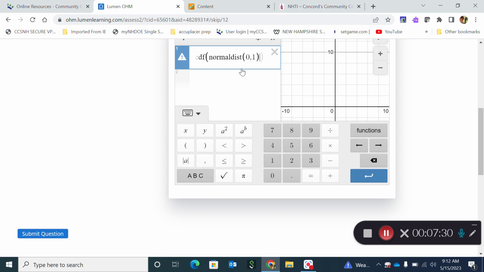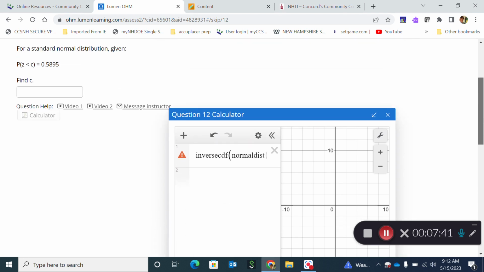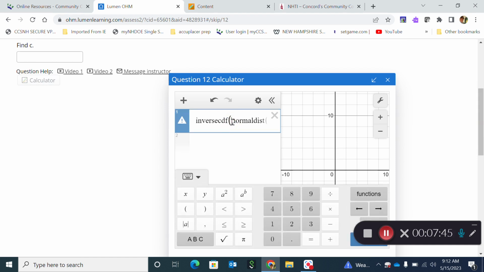So this is the first of the parameters you're putting in. You're telling it which distribution to look under. Next, we need the area, 0.5895. We'll see if I can get it to do it without erasing it this time.